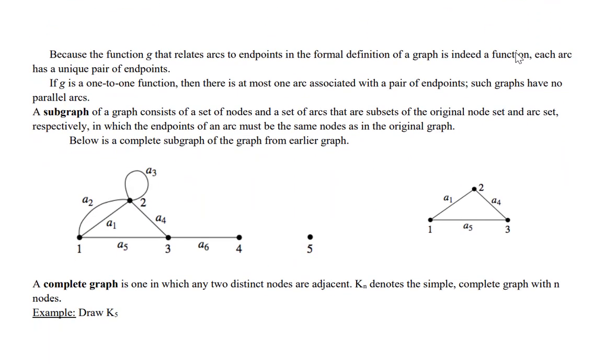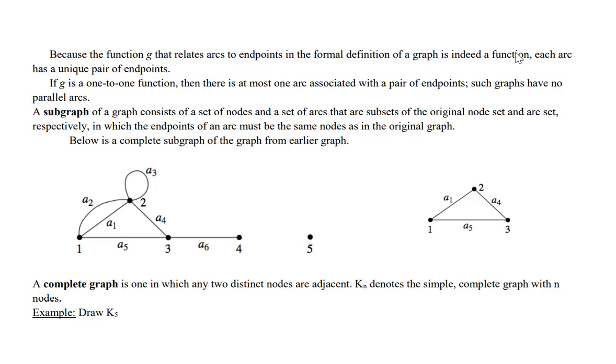Because the function g that relates arcs to endpoints in the formal definition of a graph is indeed a function, each arc has a unique pair of endpoints. If g is a one-to-one function, then there is at most 1 arc associated with a pair of endpoints. Such a graph has no parallel arcs.